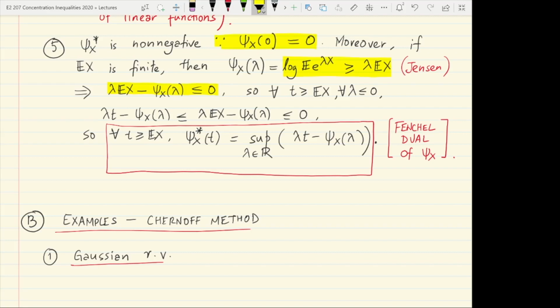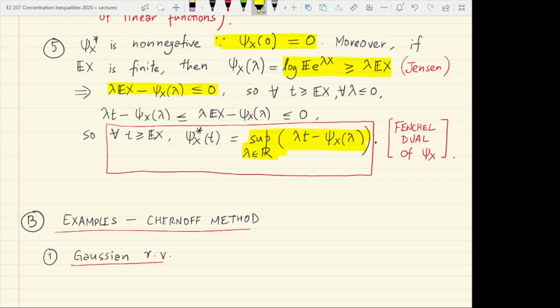So by the way, if you give me any function Cx, and I define the following function, which is the sup over lambda in R of lambda t minus Cx of lambda, this function Cx star of t has a special meaning and a name in convex analysis. It is called the Fenchel dual of Cx, or the Fenchel-Legendre dual of Cx.